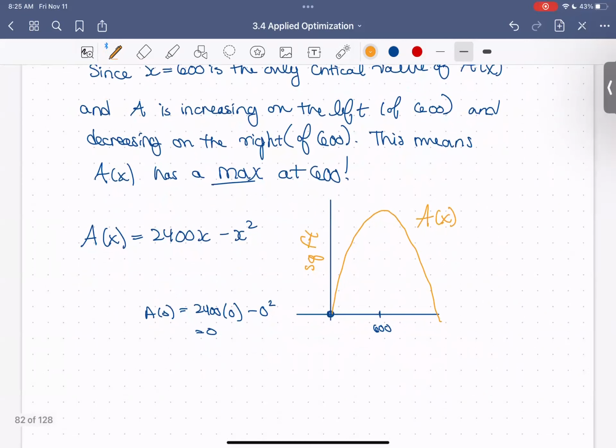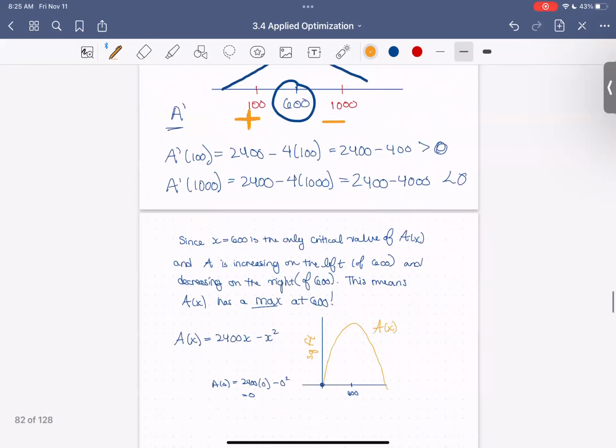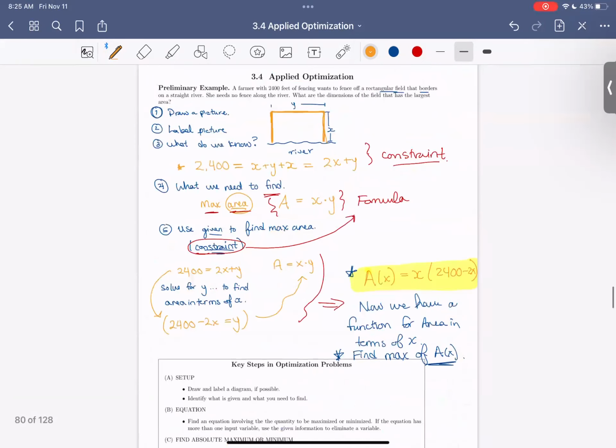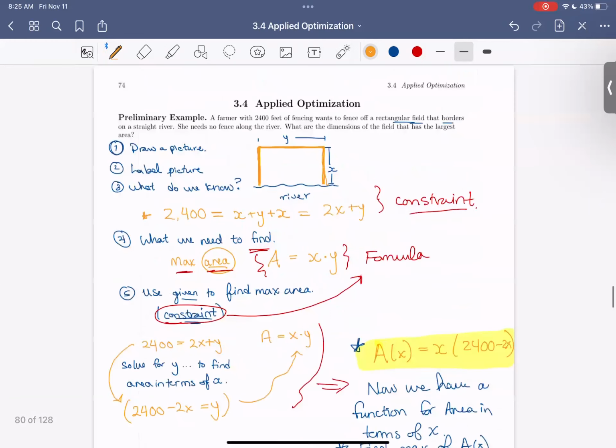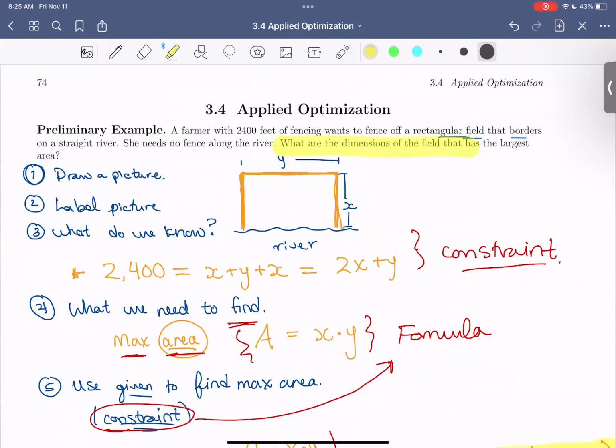Okay, so are we done with this problem? Well, let's look back at what the question asked us. The question in this problem is what are the dimensions of the field that has the largest area? What did we find?